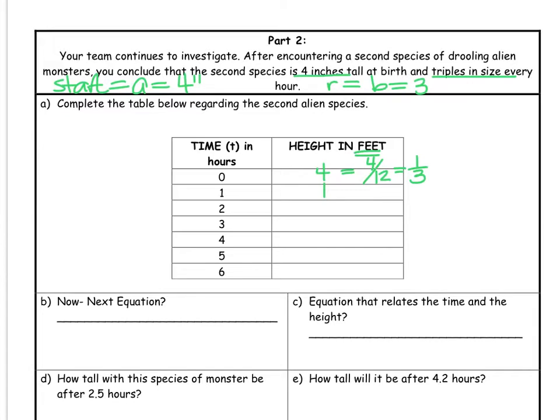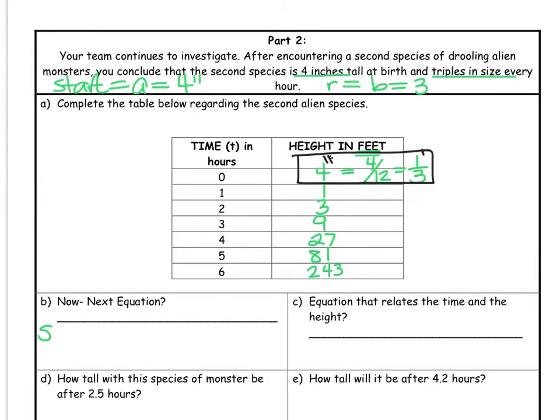If we multiply 1 times 3, we get 3. 3 times 3 is 9. 9 times 3 is 27. Then 81. And then 243. So this first one is where we wanted to be careful. It started out as 4 inches, but we had to write that in terms of feet, so it was 1/3 of a foot. And then we can go ahead and write the rest of our numbers in our output.